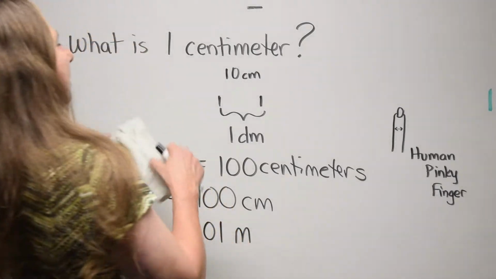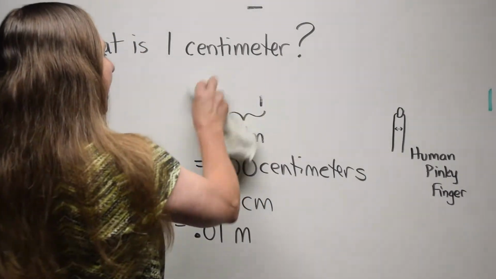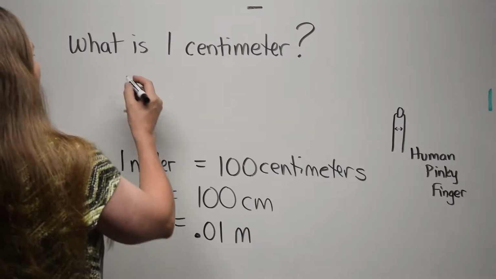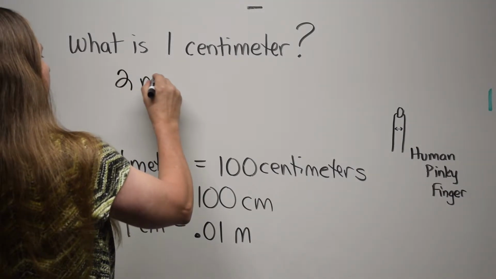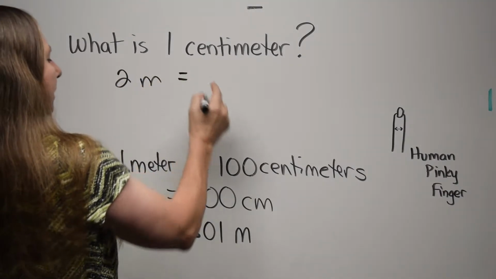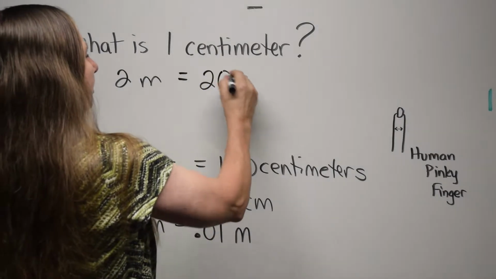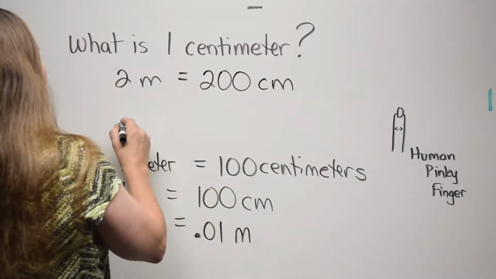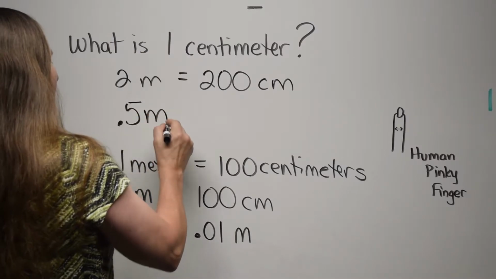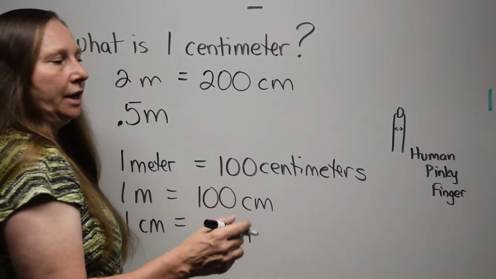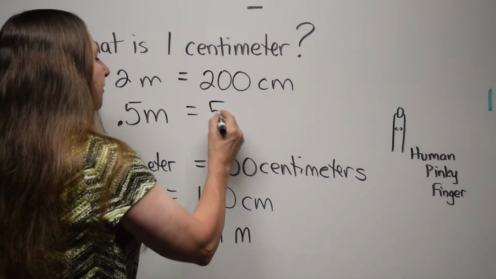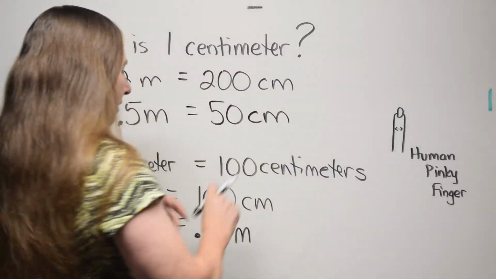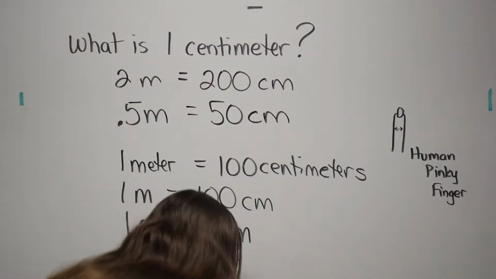All right, so then, what else could you figure out easily? Well, 2 meters, how many centimeters would that be? That would be 200 centimeters. Half a meter, well, if a whole meter is 100 centimeters, then half a meter is 50 centimeters. Let's look at that.